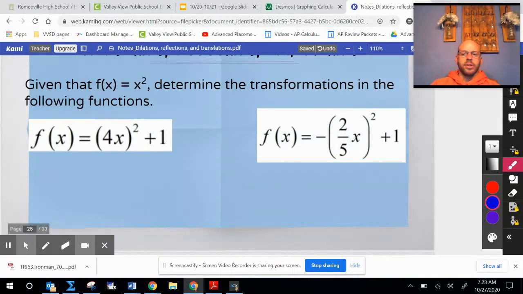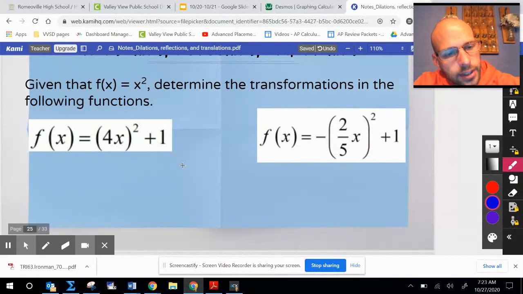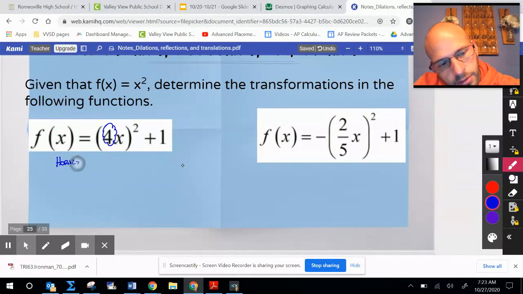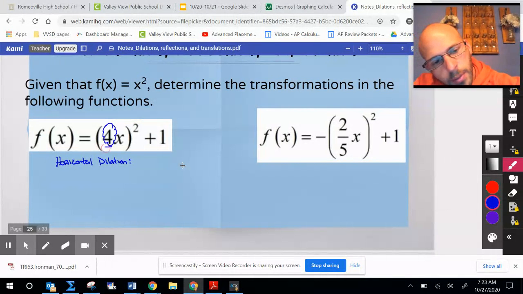All right, so let's put some pieces together here. All right, so if you see this 4, it's a multiplier on the inside. So I'm going to have a horizontal dilation, but not a 4. Remember, 4 is 4/1. We need to do the reciprocal of that 4.